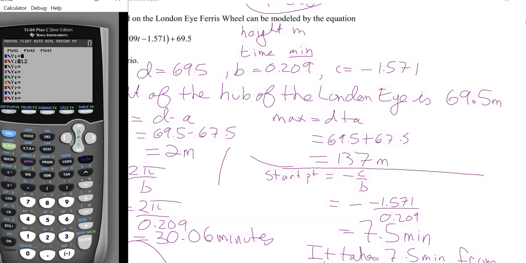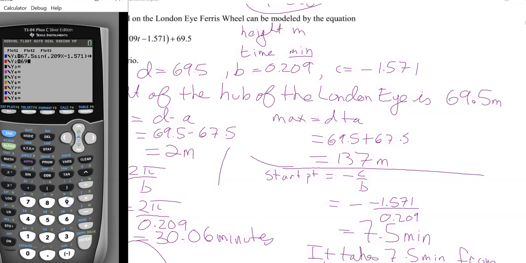Clear that. 67.5 sine 0.209 x minus 1.571, inserting a minus sign, minus 1.571 plus 69.5.